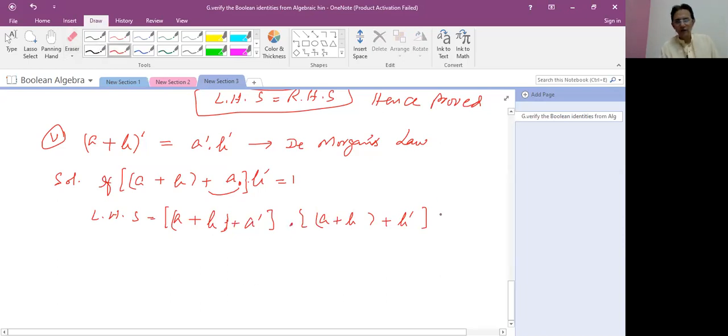So using distributive law, according to distributive law, we expand this term into (a plus b), (b plus c), it means.